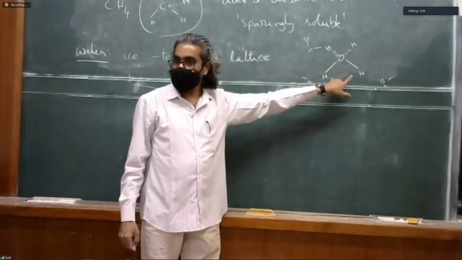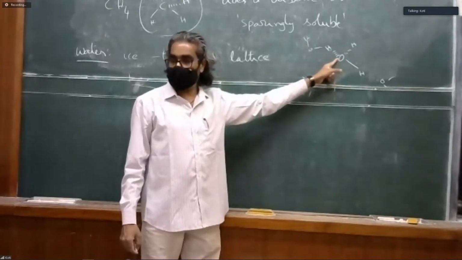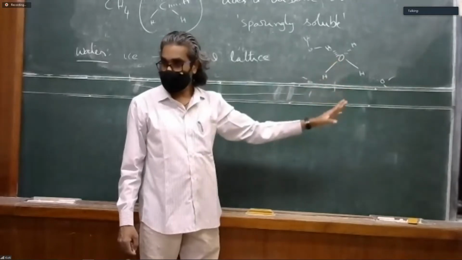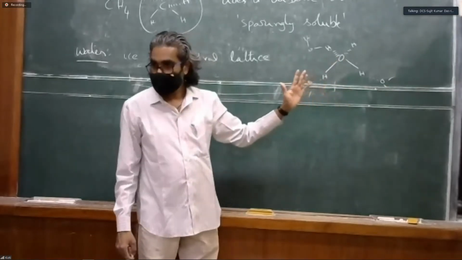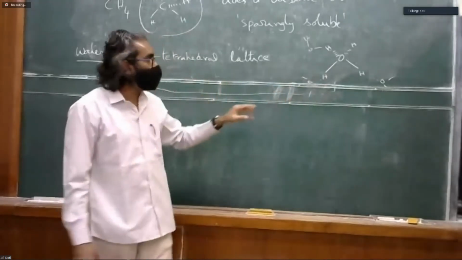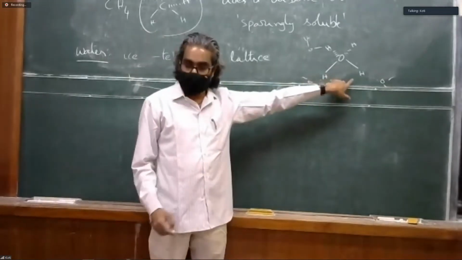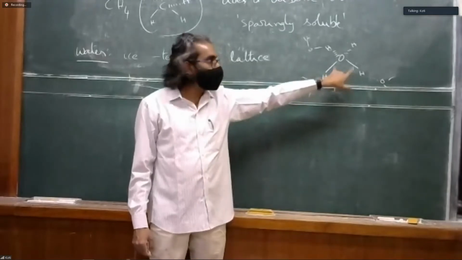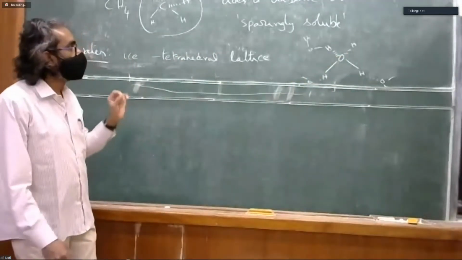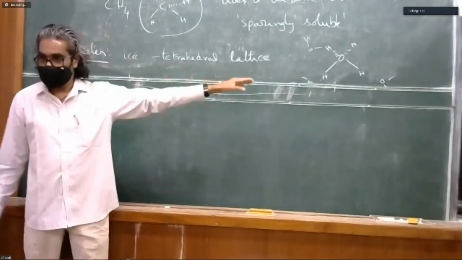So at any point of time, a water molecule has exactly how many hydrogen bonds? 4 hydrogen bonds: two through donation, and two through accepting hydrogens. So this is a perfect tetrahedral lattice.